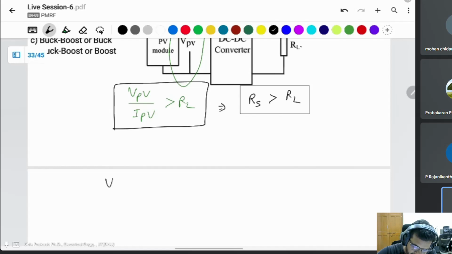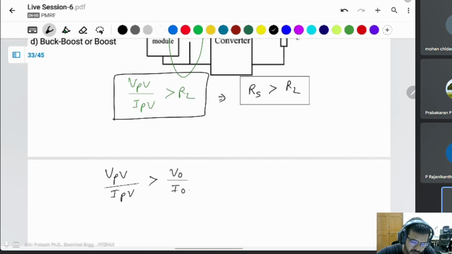You can say this is VPV divided by IPV, it will be greater than the V output divided by I output. Taking power for the ideal case, V output times I output is equal to VPV times IPV in this case.